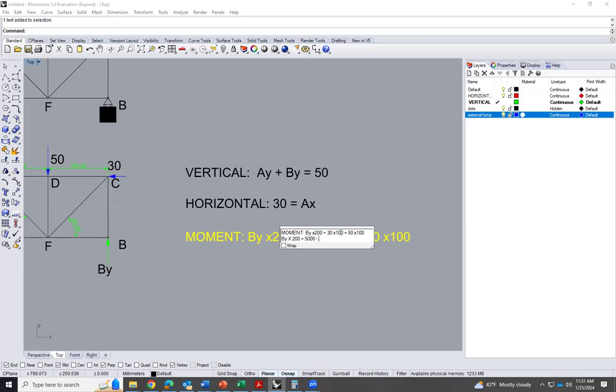So this is 30 times 100 is 3,000. So that would be minus 3,000. So what is BY? 5,000 minus 3,000 is 2,000. Then this 200 moves down, divided by 200. So how much is this? BY equals 10.